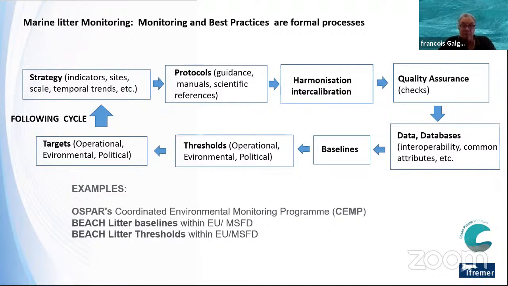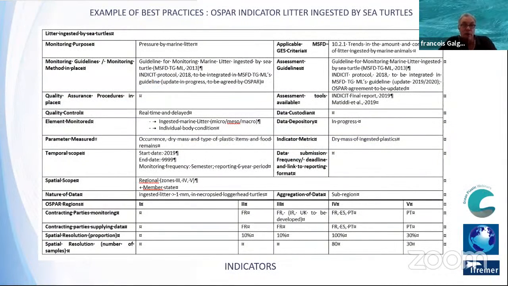We do have some examples. I know some examples in Europe, for instance, but I know that some are working the same way in other parts of the world. One of the examples is what you call CEMP. This is a document prepared by OSPAR to support all OSPAR indicators.